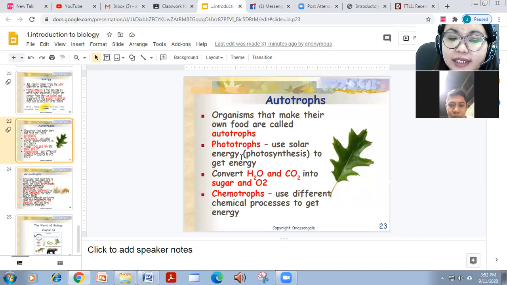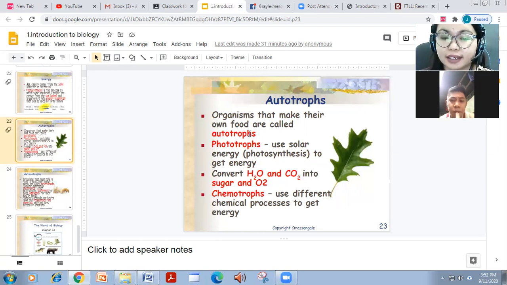Phototrophs use photosynthesis to get energy, and they usually make their own energy or food. But there are also autotrophs like the green algae. These are not plants. And there are also bacteria which are autotrophs. They can make their own food without being phototrophs. These are also called chemotrophs. They use a chemical process to get energy.